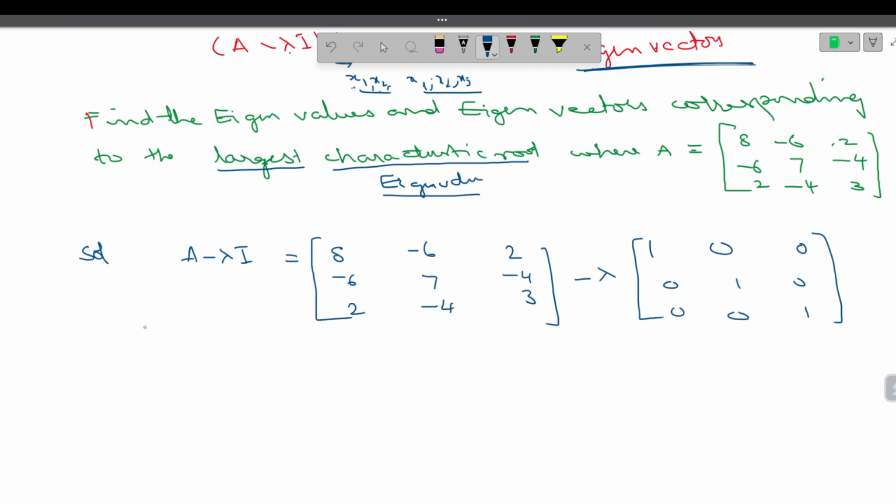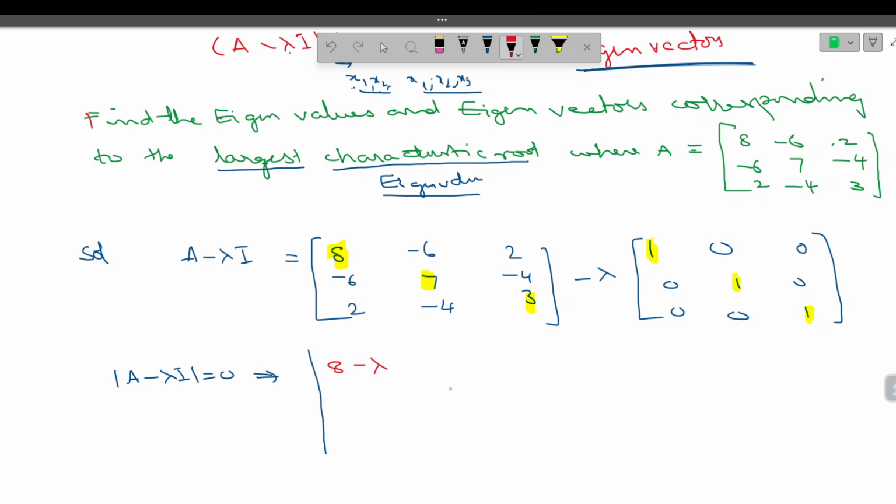So the characteristic equation is the determinant of A minus lambda I equal to 0. Only the diagonal will change, because we have 1, 1, 1 on the diagonal; all the remaining elements are the same.